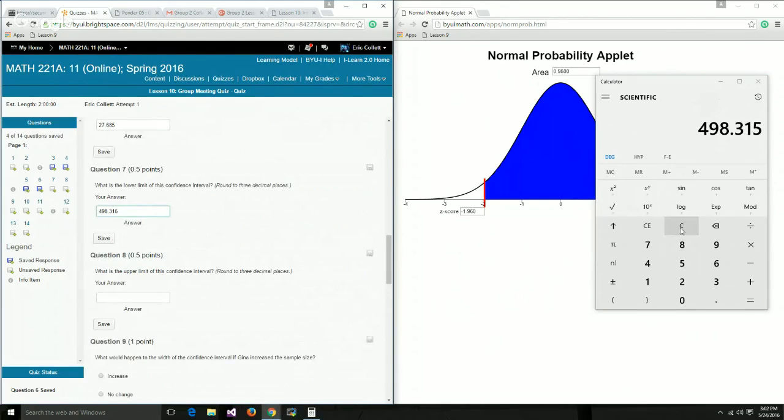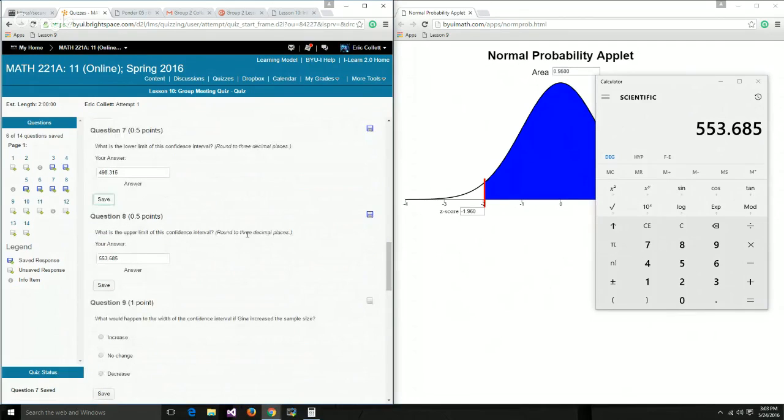Then the upper limit is adding that, right? Okay, so I think we got those right: 553.685, and the first one was 498.315.